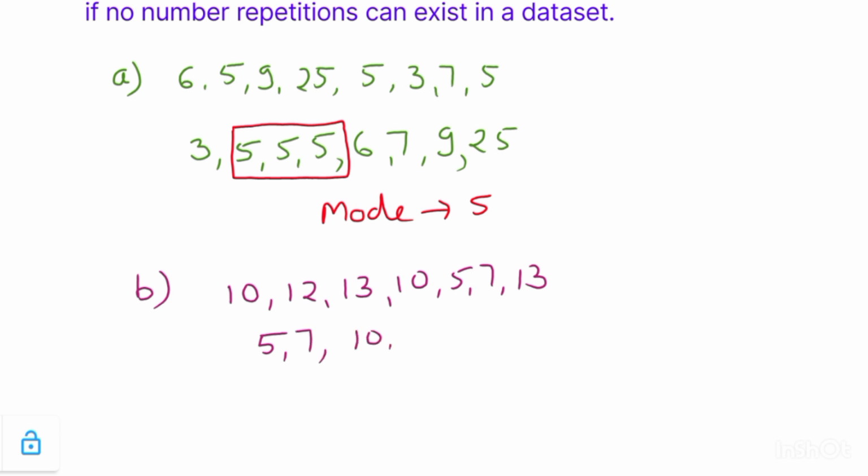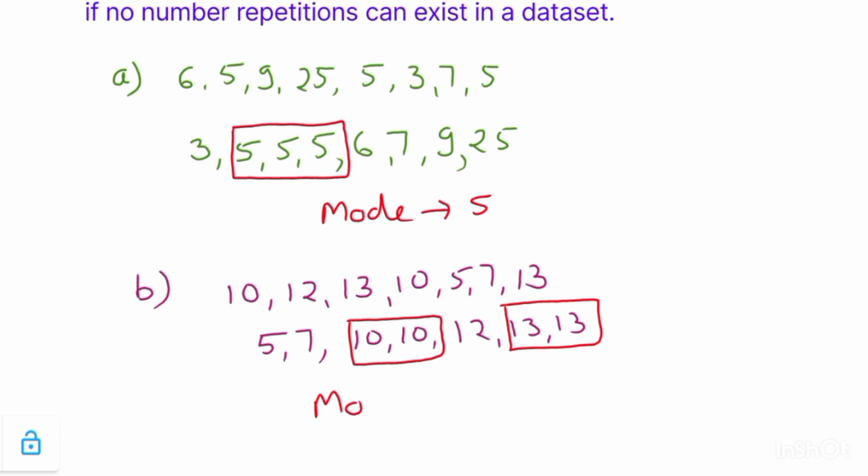So this is 10, 10, then we will write 12 and then 13 twice. So here we clearly see that 10 and 13, these two numbers appear twice in the data set. So the mode of this is 10 and 13.